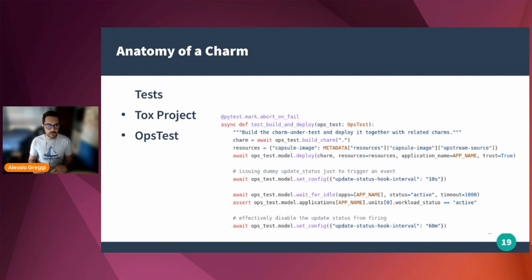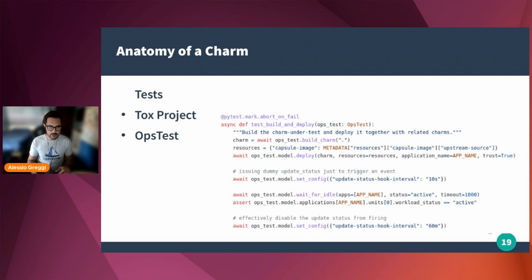So that said, let's talk about the test. A few words about the Tox project. We really advise you to use the Tox project. It is a utility that allow you to automate your test.